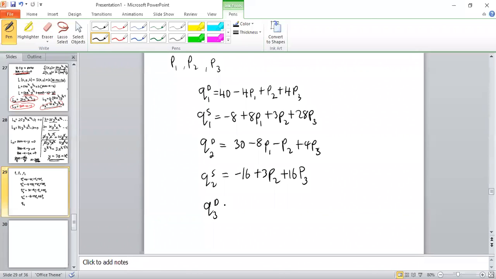Then we have Q3D, which is equal to 60 plus 4P1 plus P2 minus 4P3.